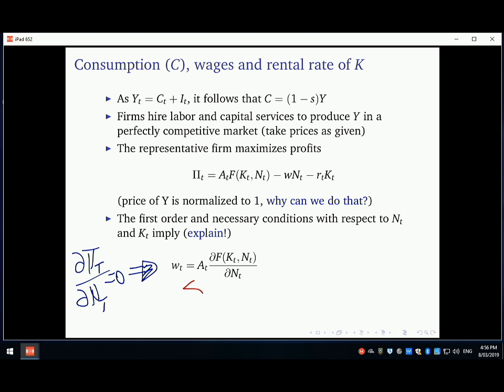We know F, we know the number of N, we know the machines that we have, and we can have a measure of that right-hand side thing. What if that's the inequality there? That is telling us that if you hire one more person, that person will contribute to production marginally more than what you have to pay to that person, basically. You need to pay to that person the wage.